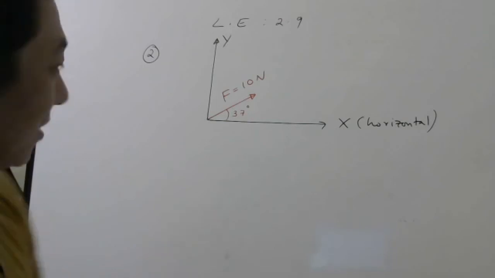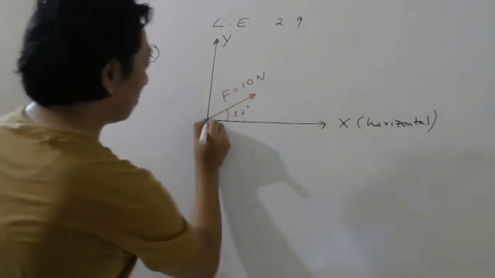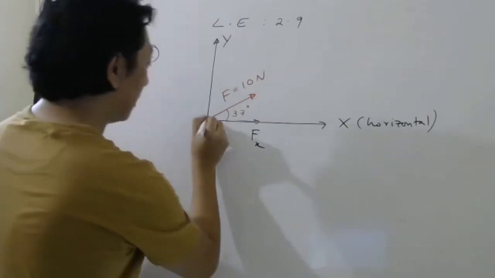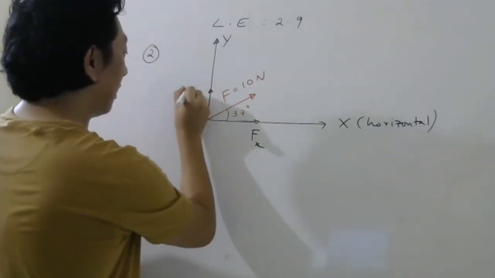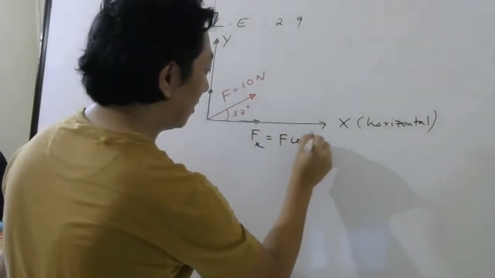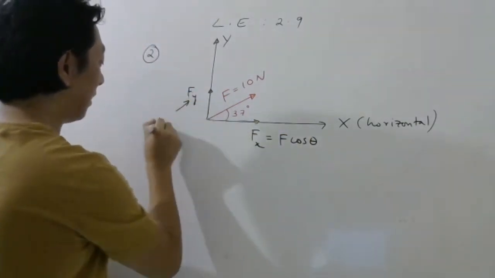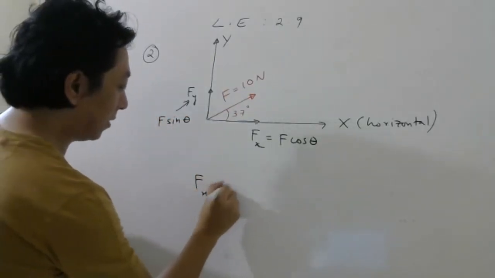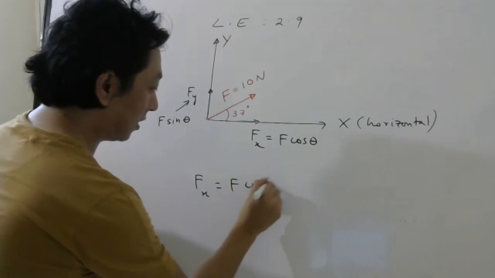I hope this is very easy. So this will have one component here, Fx, and this will have one component here, Fy. What is your Fx? F cos theta. Fy, F sin theta.